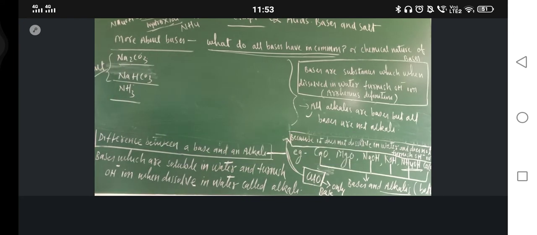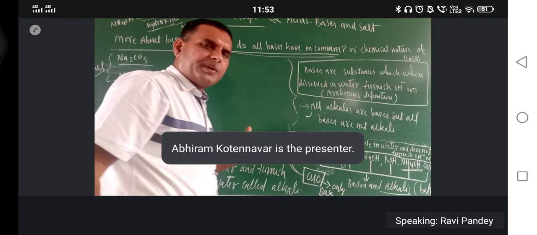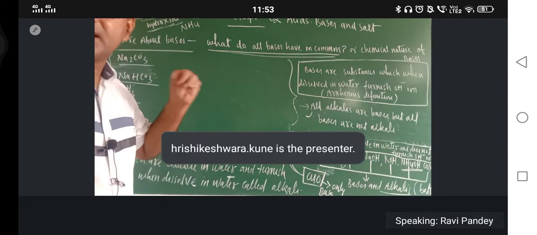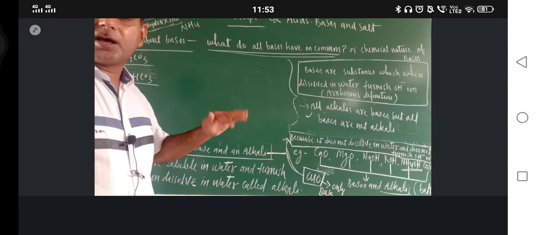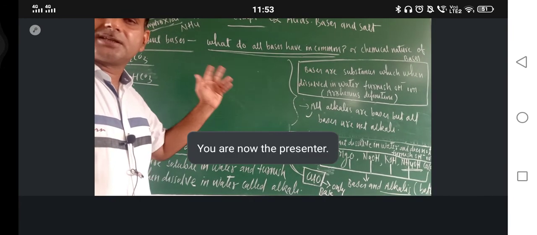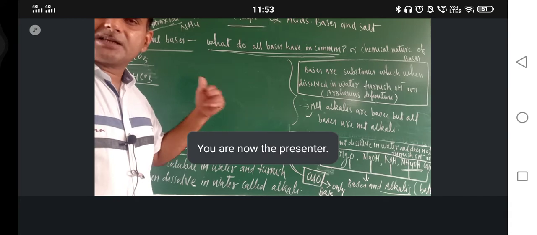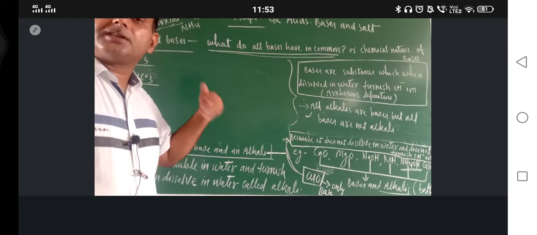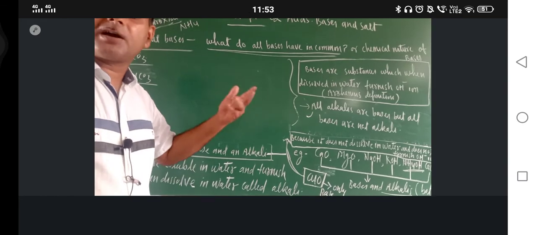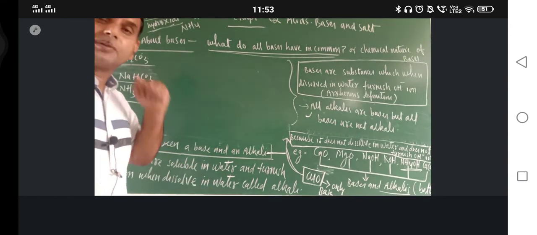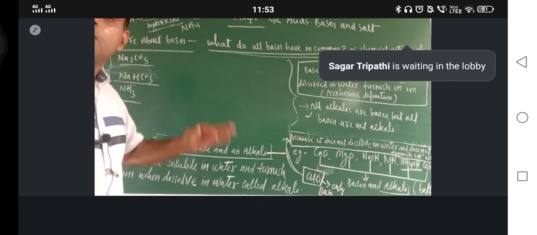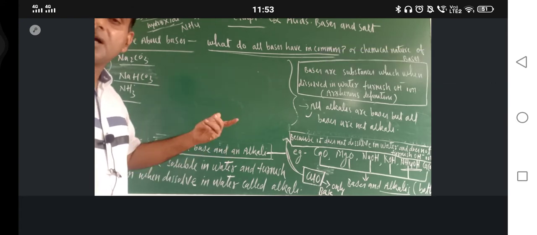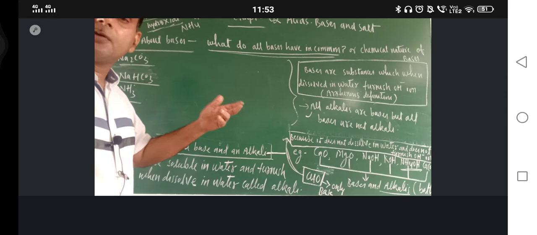Now you will ask, sir, how can we distinguish between acids, bases, and salts? Acids and bases we have just discussed. In the previous class I discussed that acids must contain hydrogen and must furnish H positive ion when dissolved in water. Bases must have OH and must furnish OH negative ion in water.